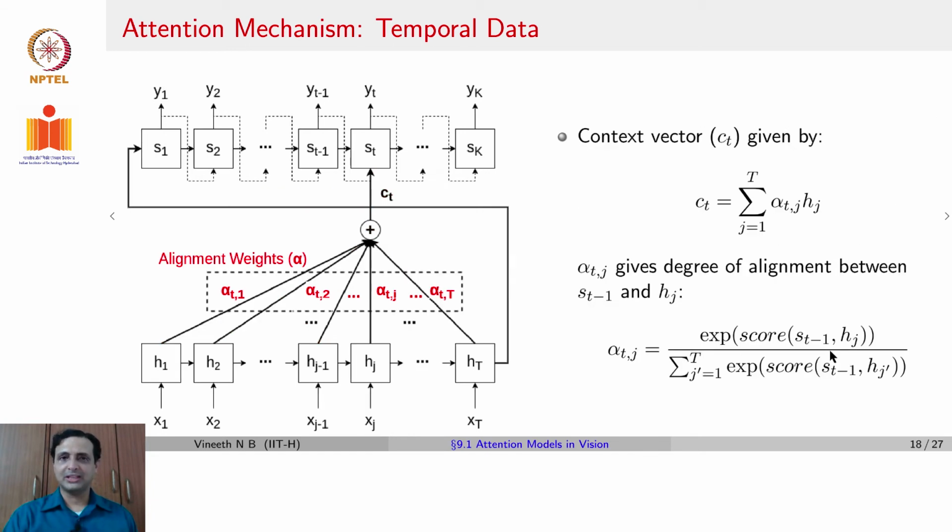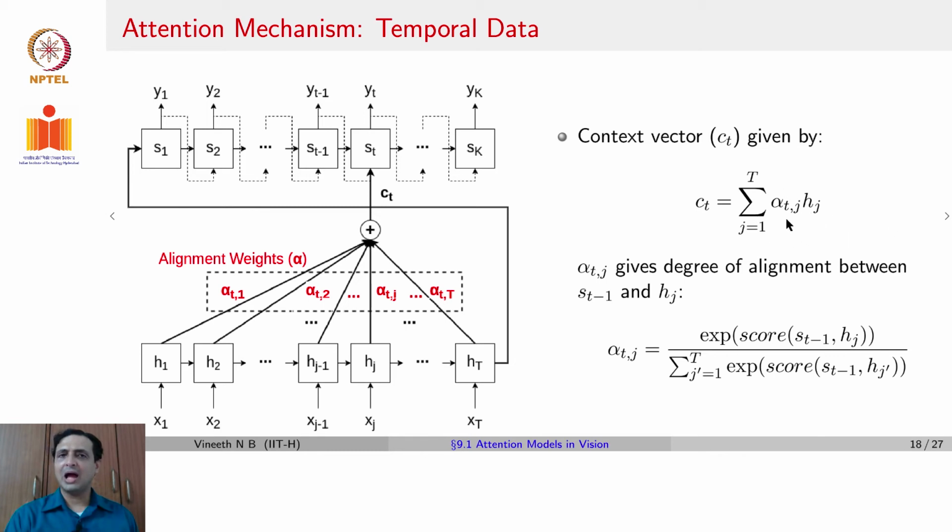And what is this context vector? This context vector is given by ct, which is a sum over all the time steps in your encoder RNN of alpha tj times hj. So it's a weighted combination of all of your hidden state representations in your encoder RNN.